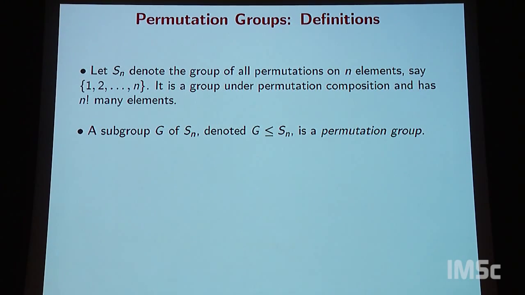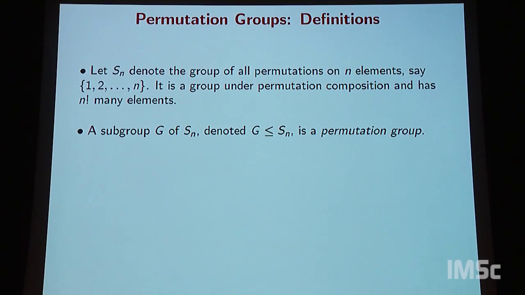And a permutation group for me is any subgroup of Sn. Of course, we know from Cayley's theorem that every finite group is a permutation group sitting inside some Sn, but that Sn may have a very huge n, and for me n is small.